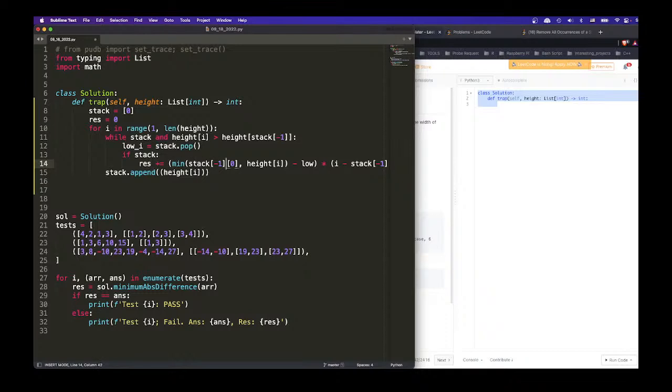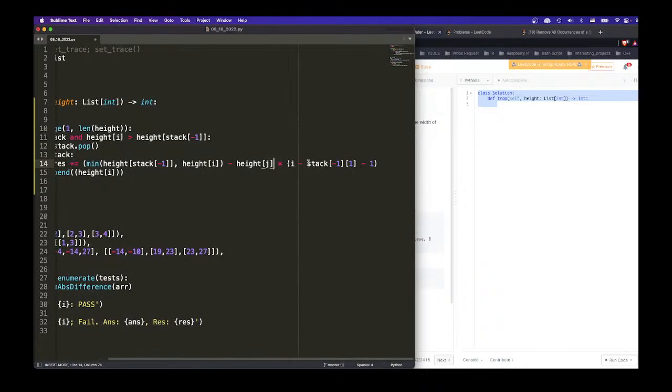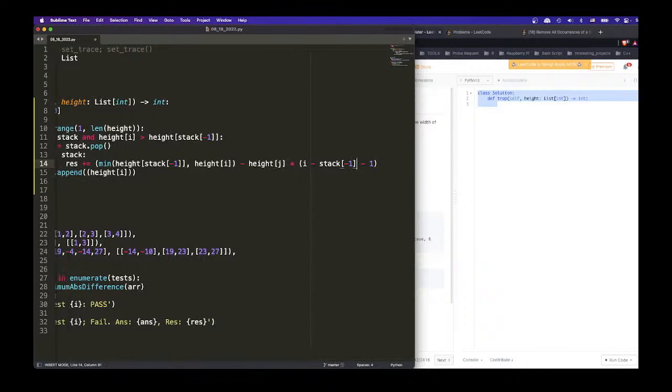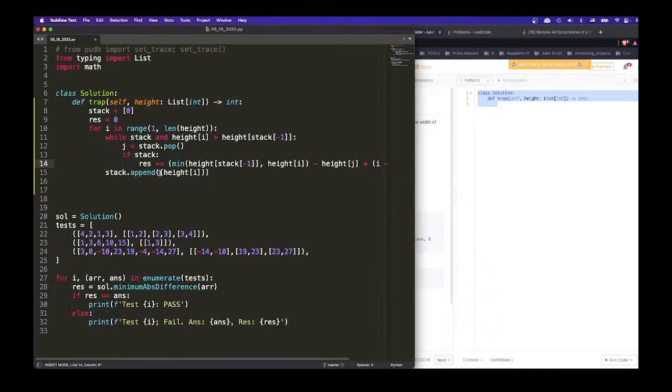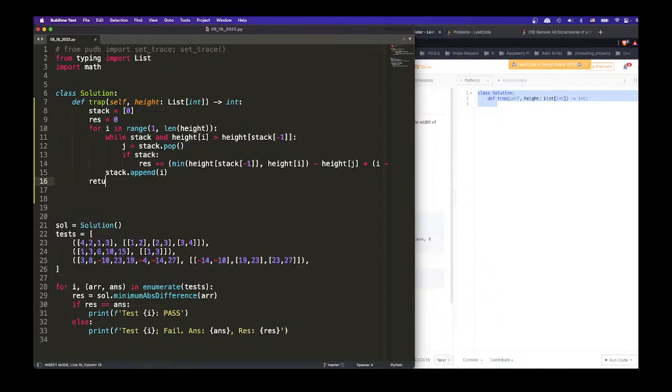That's just going to be minimum of this height of the stack, and this minus height low I. We can call it j. Let's call it j. So this will be j. Okay. Times I minus this minus 1, and we're going to append I. And I will return res.